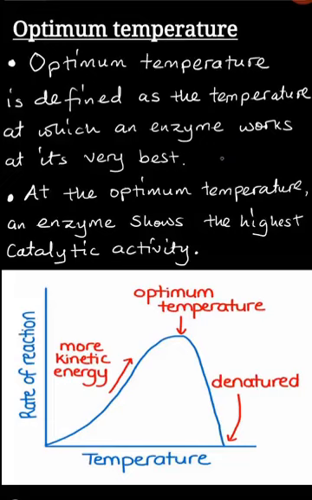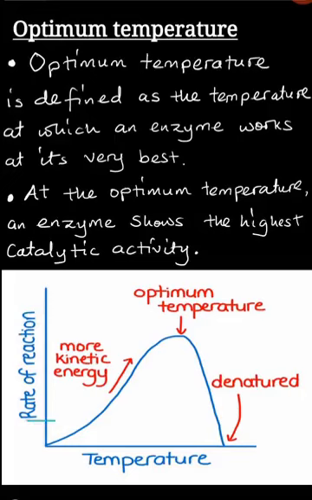So, what you must understand here is the fact that at the optimum temperature, an enzyme shows the highest catalytic activity. So let me break this down for you so that you must understand exactly what is expected of you. So here we have the rate of the reaction.